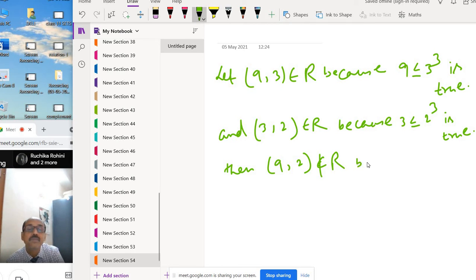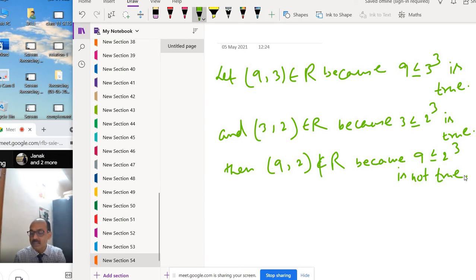Because 9 less than or equal to 2 cube is not true. That is, 9 is not less than 2 cube.